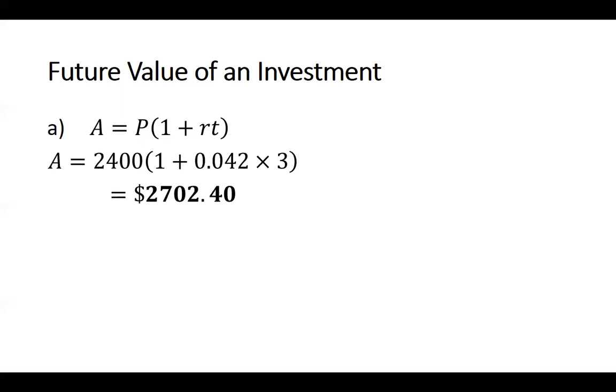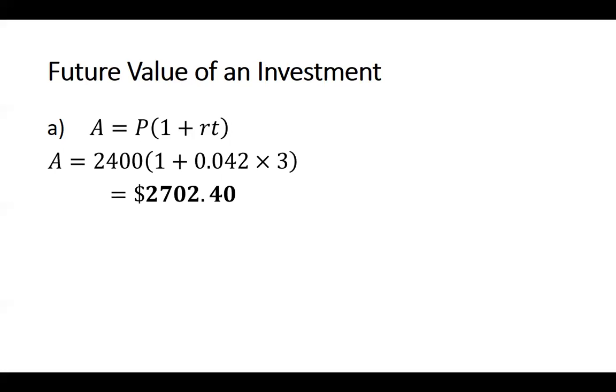We plug those values in and we come up with $2,702.40. Please be careful with order of operations: 0.042 times 3, then add 1, then take all of that and multiply it by 2,400.